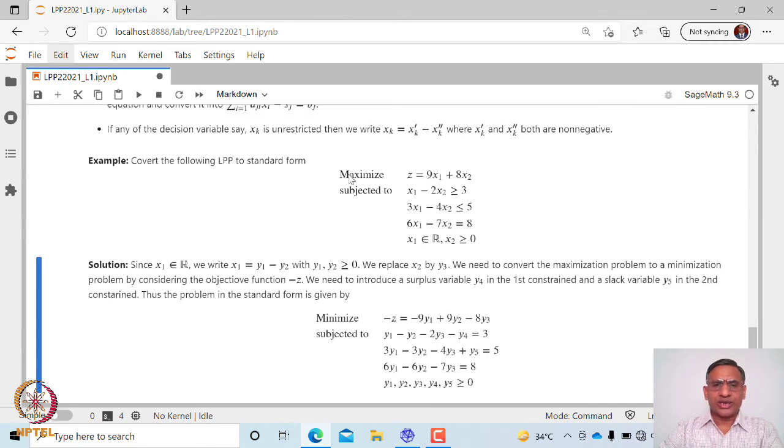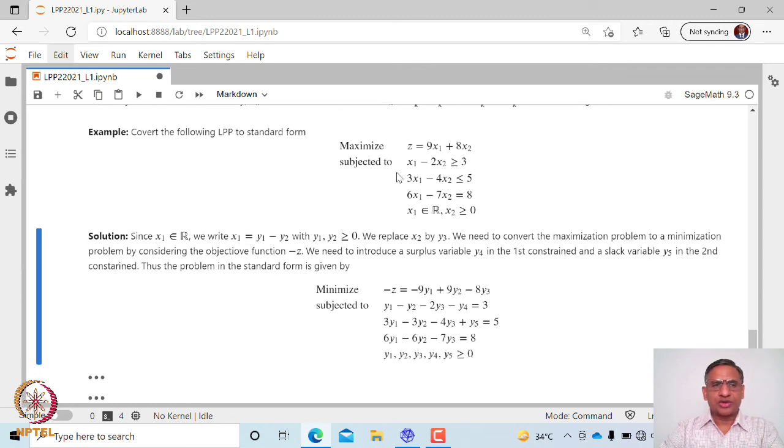And now let us look at the problem, which is of maximization type. Therefore, we need to minimize the negative of this z. So you have to say minimize minus z, which is equal to minus 9 times y1 plus 9 times y2 minus 8 times y3. Okay, that is the objective function.